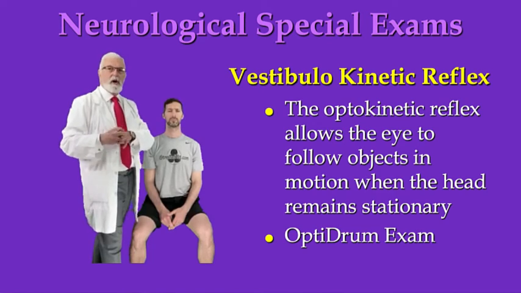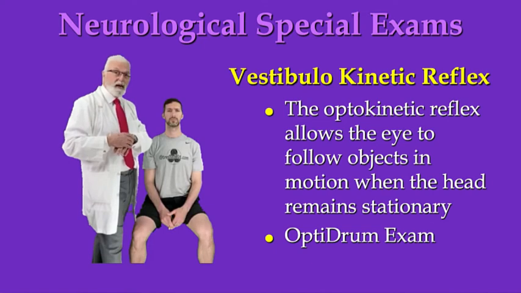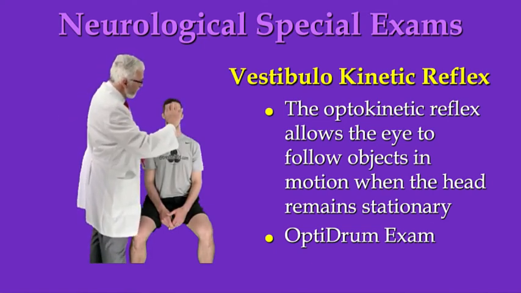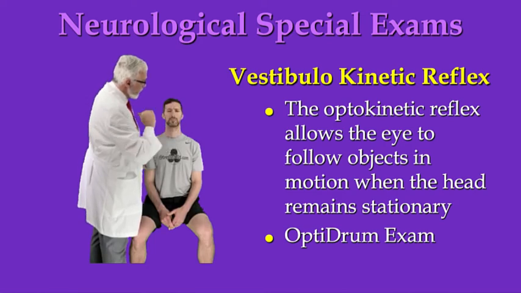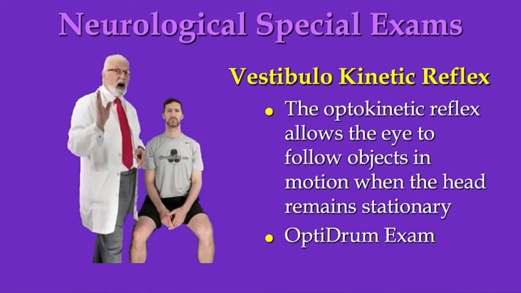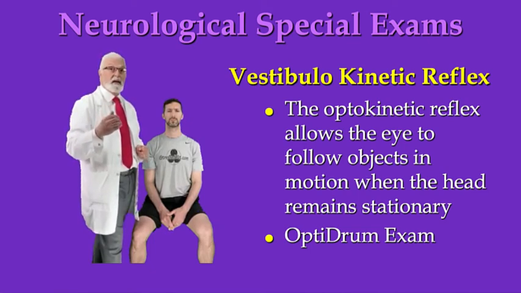The Optodrum allows you to control the speed and the color of the stripes that go by. You hold your phone about 12 inches away and check for saccades and pursuits. In this test, if the patient's eyes do not move and can't follow the stripes, since it's totally involuntary, then you know there's an optokinetic reflex problem.